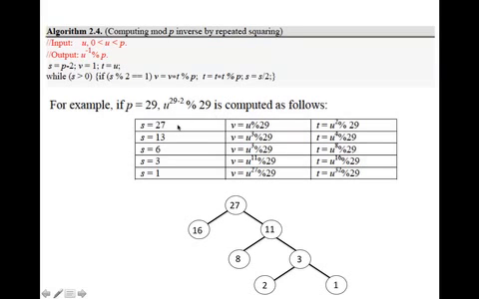At the end of the first iteration, you simply set v to 1 times t, which is equal to u, and then t squared is u squared. And you keep doing this all the way down to when s is equal to 1, at which time your u to the 27 mod 29 is computed.